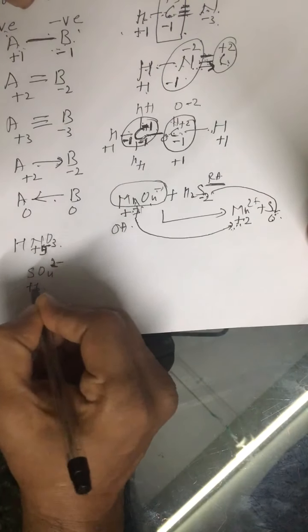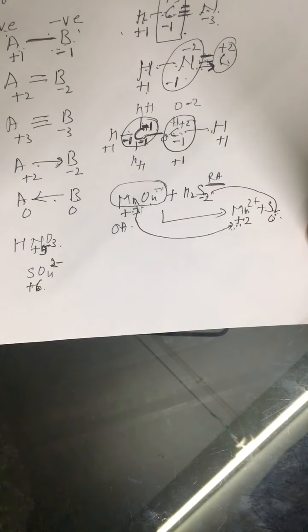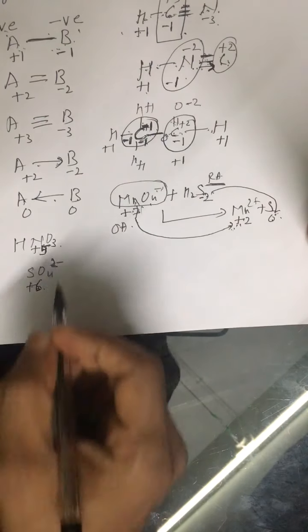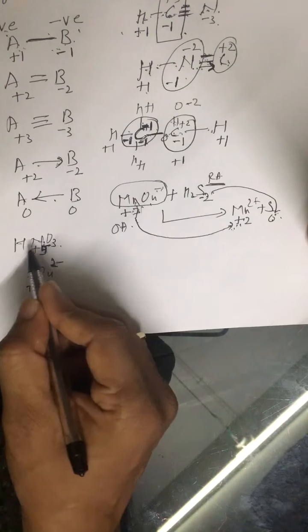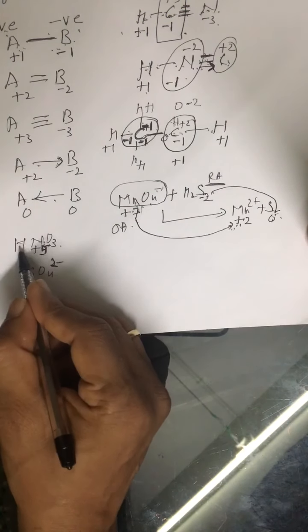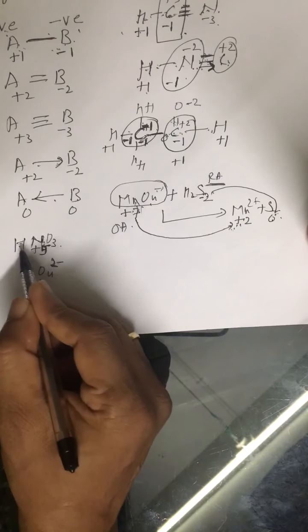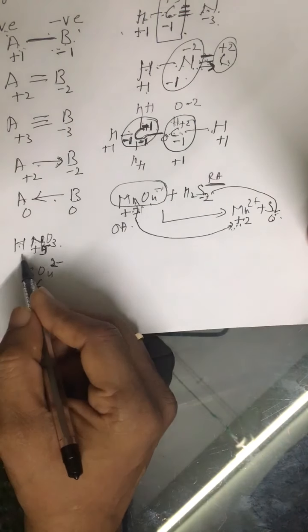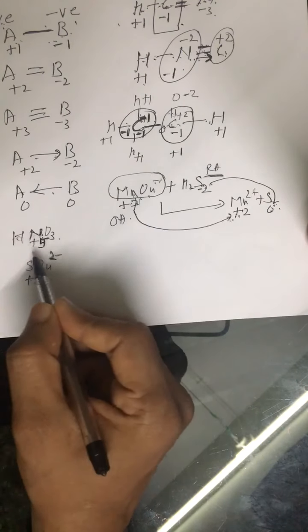What is the central atom? The central atom is normally a single atom. But if we have more than one atom, then hydrogen is never the central atom. You should be careful. Hydrogen is never the central atom because it cannot expand its valency. It is always 1.